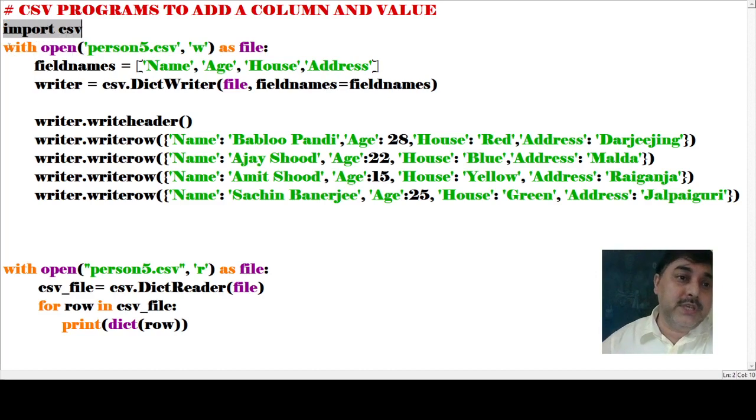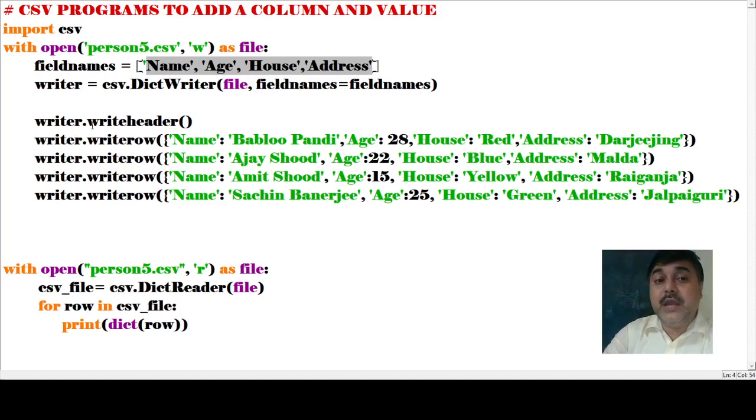After we import the CSV, we have with open person5.csv, the file name, in write mode. So in write mode we have opened it as file. Then I have given the field names: age, name, house, address. Then writer equals csv.DictWriter, file, fieldnames equals fieldnames.